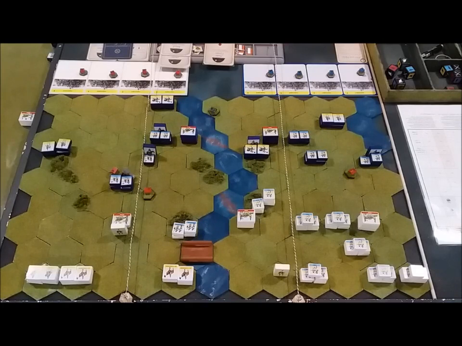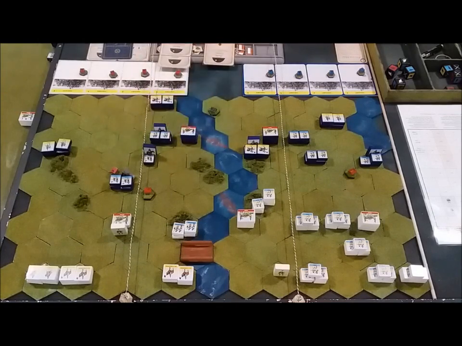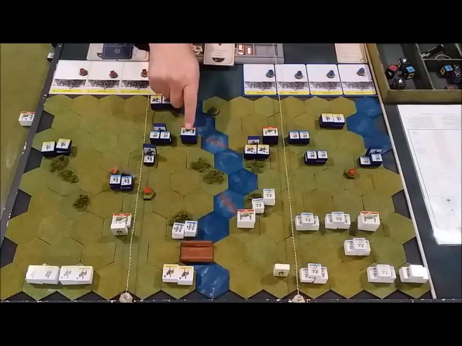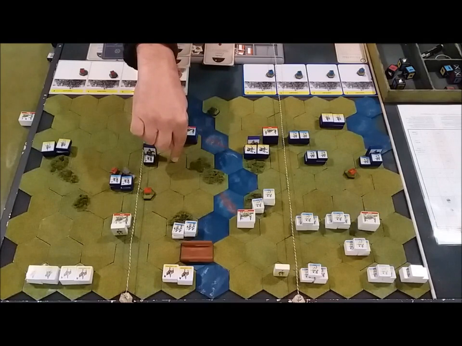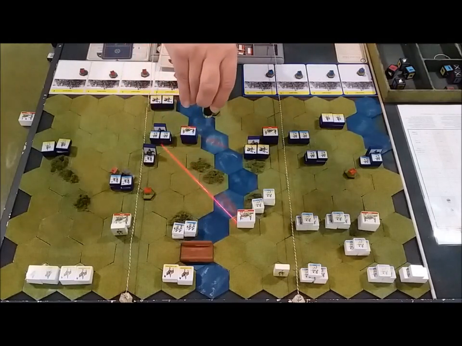So we could probe the right flank. If we look at the center, so on the right center, we could maybe bring the foot artillery further 1 forward. I think they would still be relatively safe there.